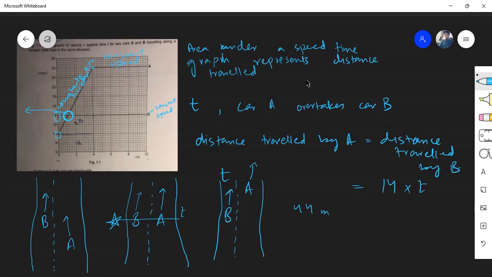Where is my calculator? I just need to verify this answer. Or have you verified the answer? I'm checking now. So 10 plus 20. Yeah, I got the same answer.